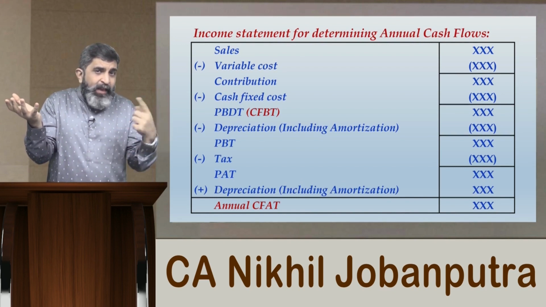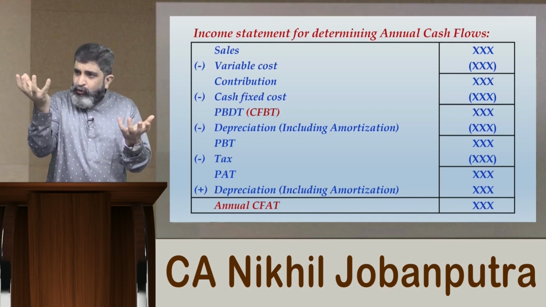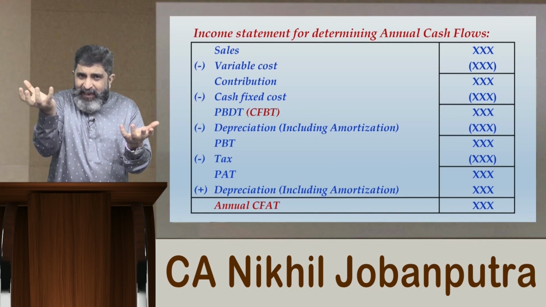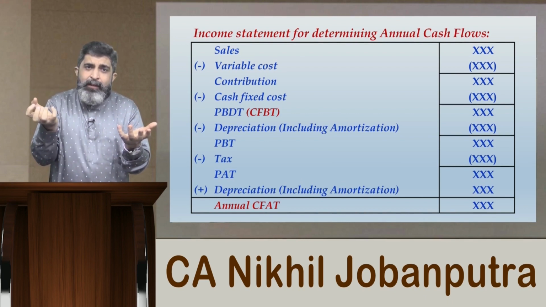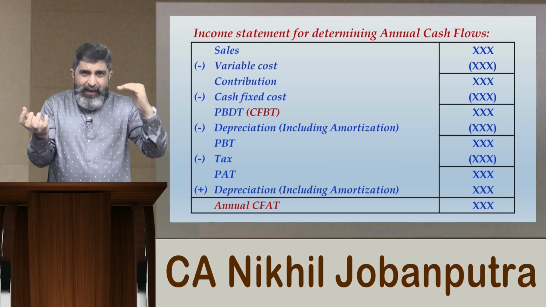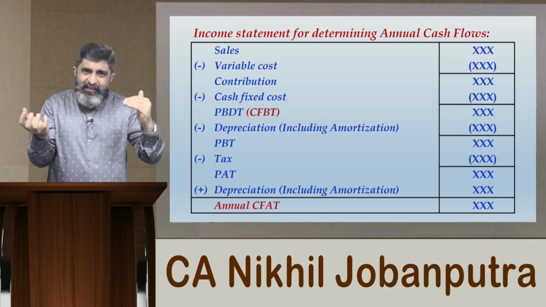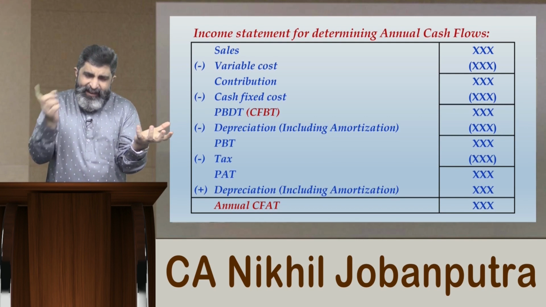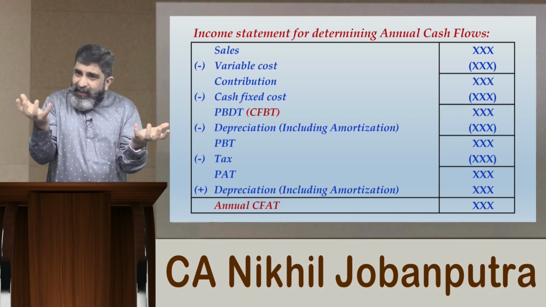Then I pay for variable cost 30 lakhs. So my bank balance of 50 lakhs gets reduced by 30 lakhs. So I have contribution of 20 lakhs, sales minus variable cost, 50 lakhs minus 30 lakhs, contribution 20 lakhs, same amount of that money is actually lying in my bank account.